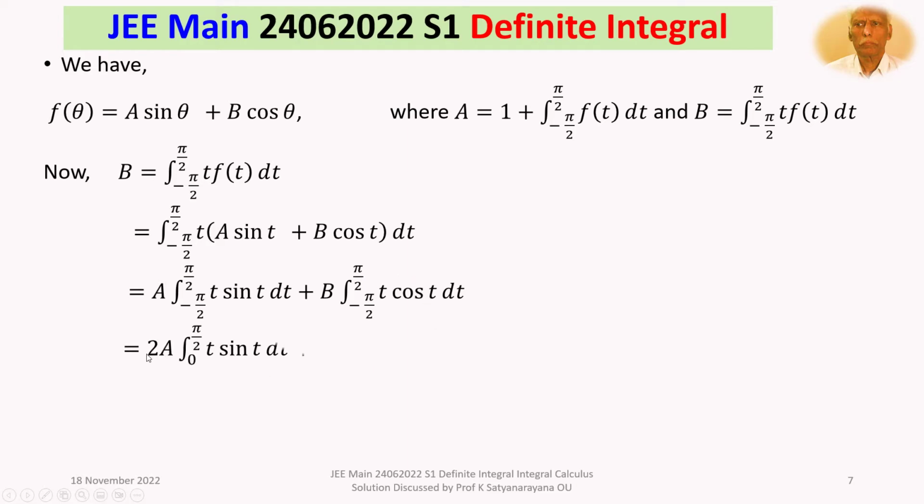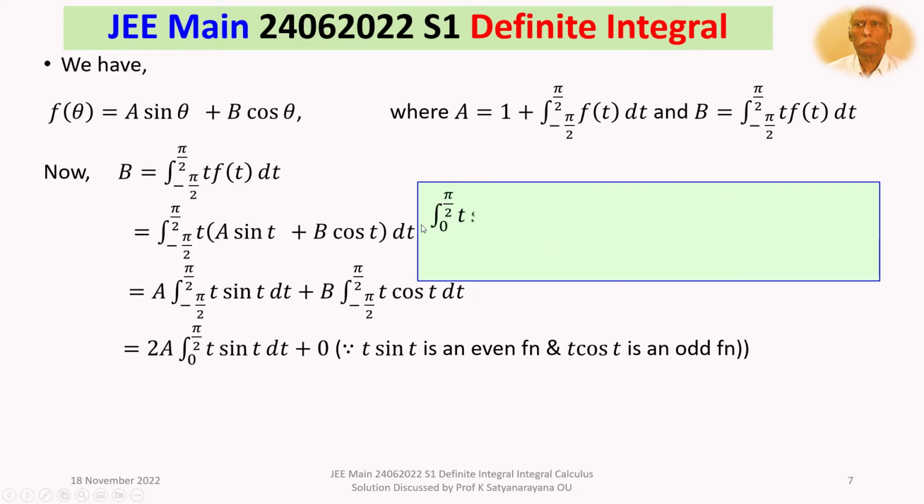So, that will be equal to 2a times the integral from 0 to pi by 2 of t sin t dt plus this is 0. Since t sin t is an even function and t cos t is an odd function, this happens. Wonderful. Now, we have to integrate 0 to pi by 2 of t sin t dt.